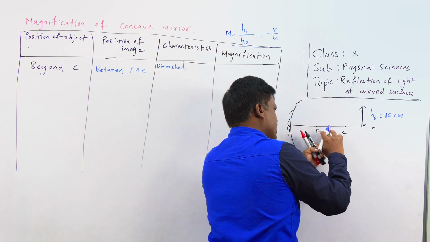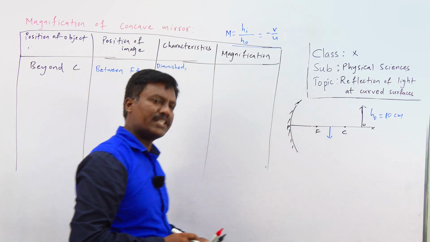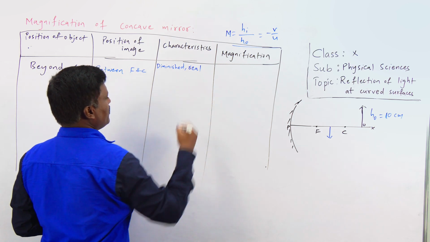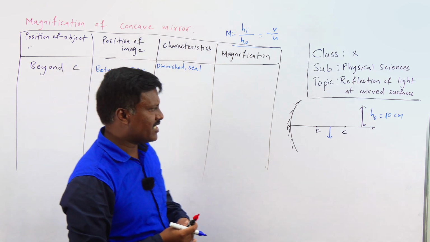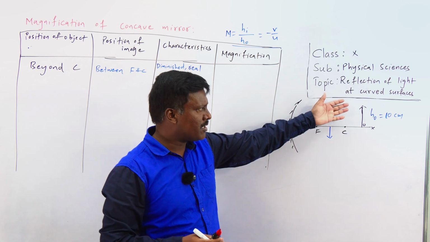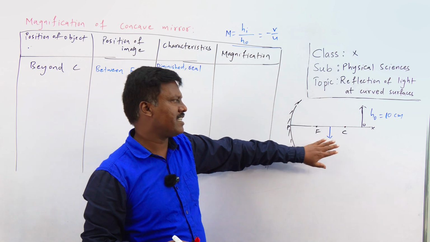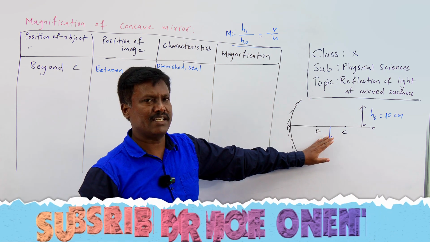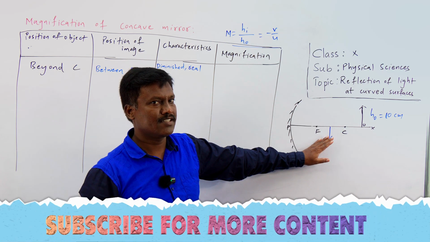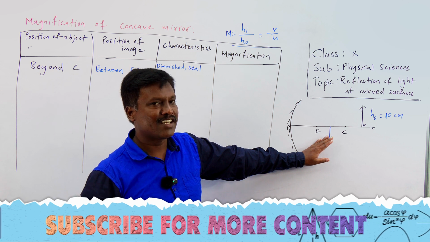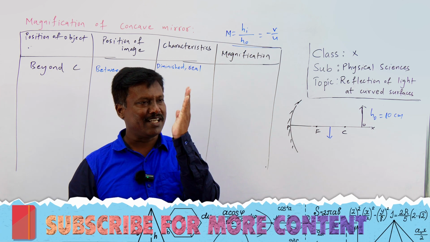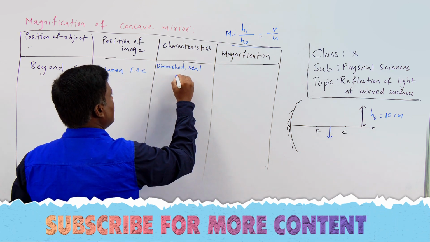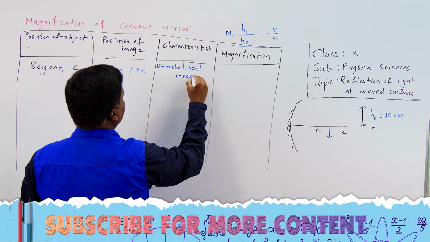If the rays converge after reflection, it gives you a real image. And where does this image form? Is it upward of the principal axis or downward of the principal axis? Downward of the principal axis. If the image forms downward of the principal axis, what is this called? Inverted image, not upright. So these are the characteristics of the image.